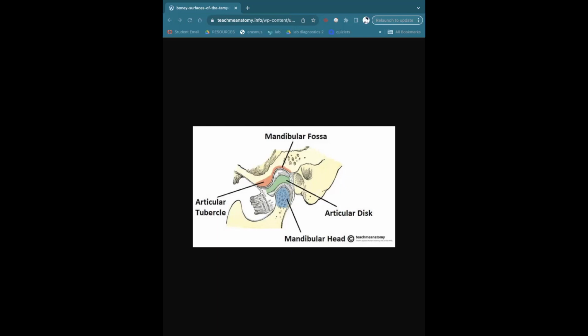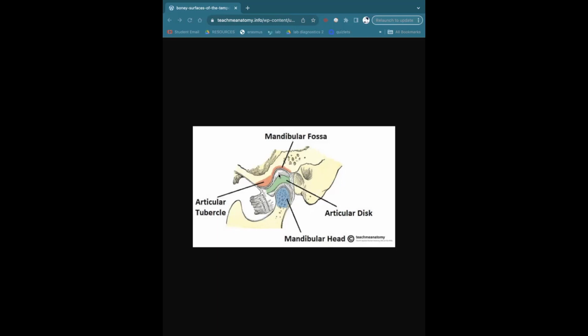So now we're going to look over the articulating surfaces, ligaments, and correlations, okay? So the articulating surface. When he asks you what are the articulating surfaces of the temporomandibular joint, we say the articulations happen between three surfaces.